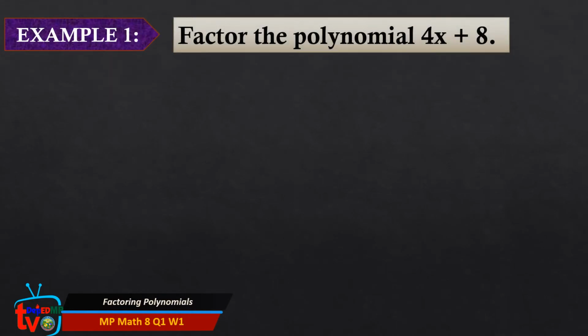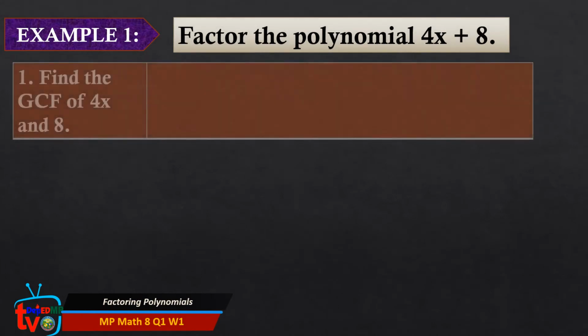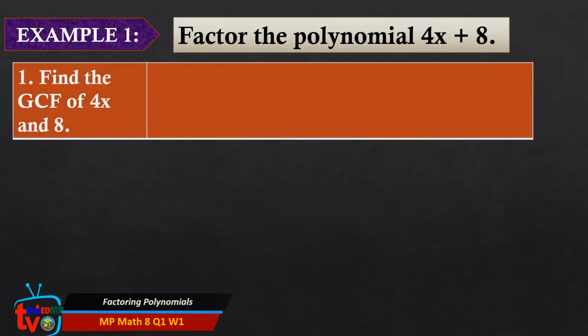Example 1. Factor the polynomial 4x plus 8. The first step here is to find the GCF of 4x and 8 by prime factorization. The factors of 4x are 2 times 2 times x.